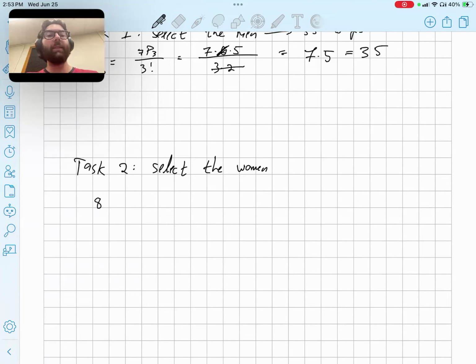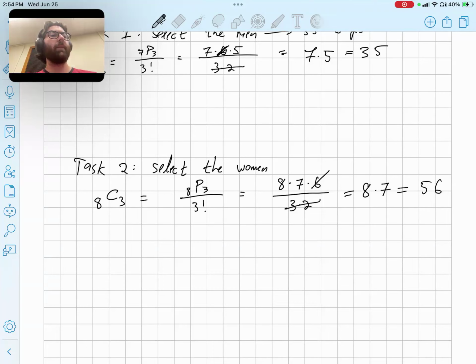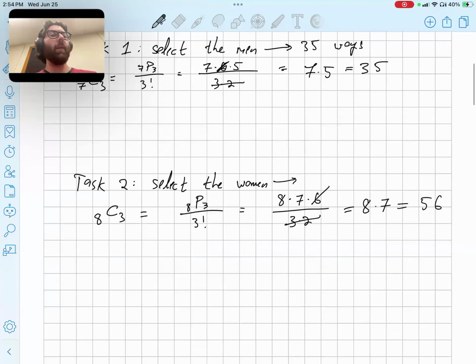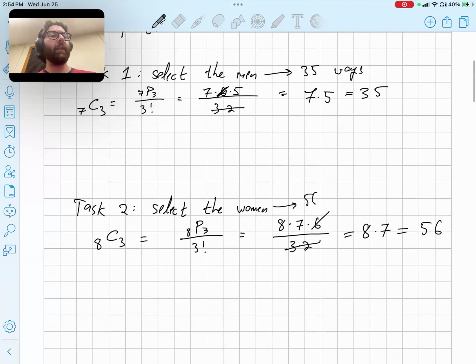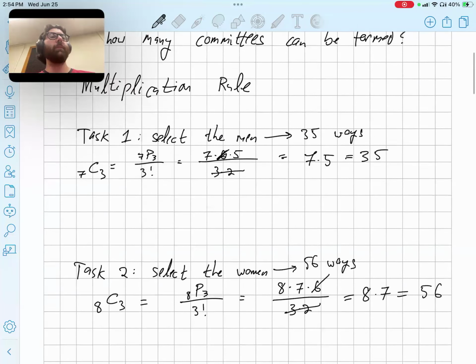That's going to be 8 choose 3, which is 8 permute 3, divided by 3 factorial, which is 8 times 7 times 6, divided by 3 times 2. Again, 3 times 2 is 6, so we can cancel and get 8 times 7, which is 56. So for task 2, selecting the women, we have 56 ways to do this.